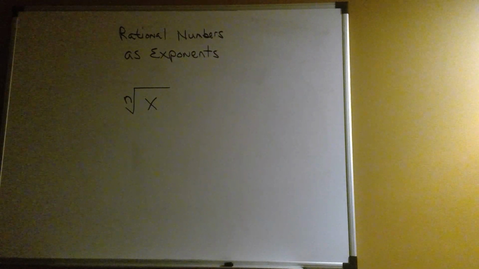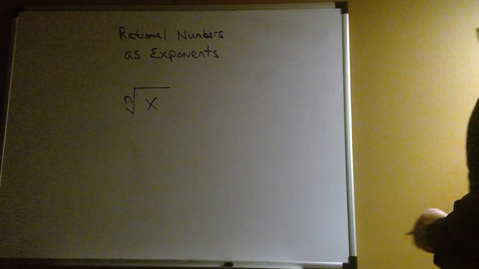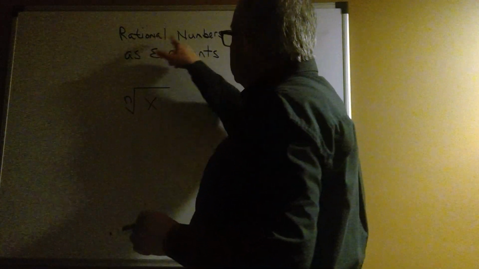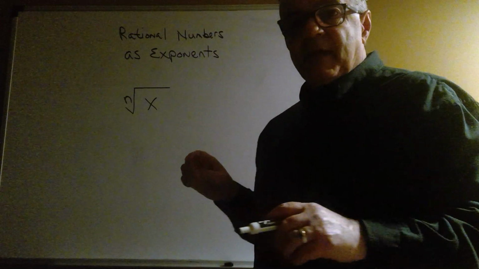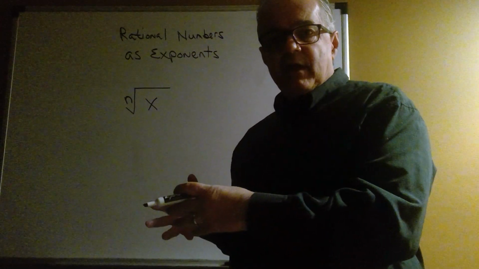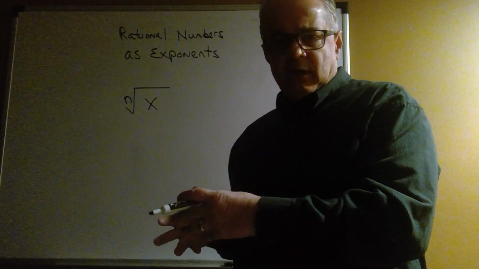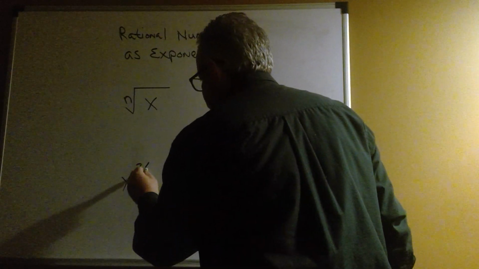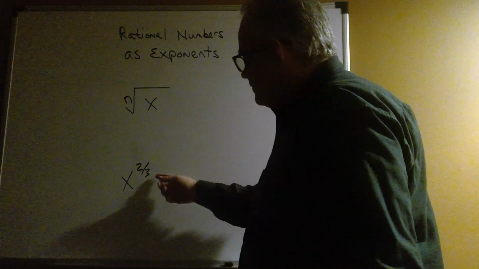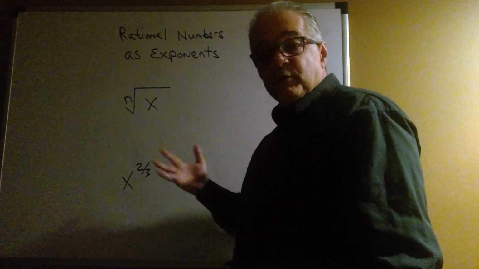If I did that, let's see then. So I could write this as a rational number as an exponent. And what does that mean? That means I'm going to have a fraction for an exponent. You know, something like x to the maybe 2 over 3. This is something we haven't seen yet. All right, we're going to learn about it now.